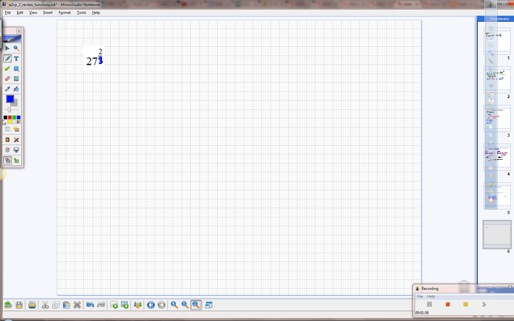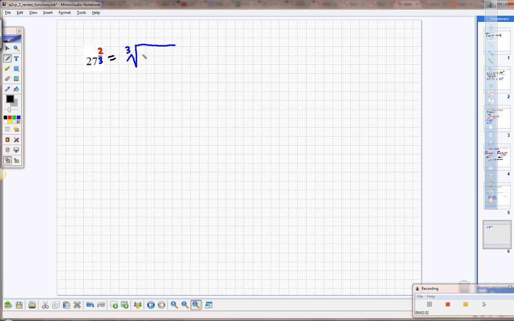So we know that 27 raised to the 2/3 power is going to be equal to the cubed root of, and to make the cubed root, I make a 3 and then a root. Right? A square root is a second root. So the cubed root of 27 squared. That 2 up here represents the power that's going to be with that base number.